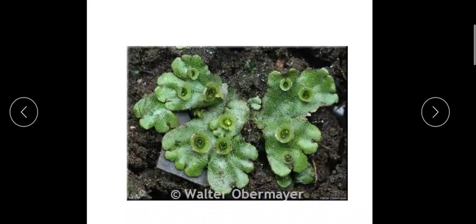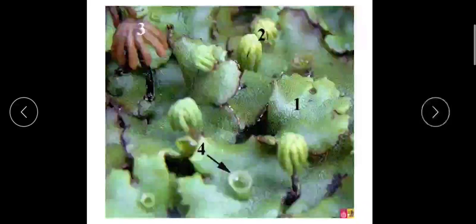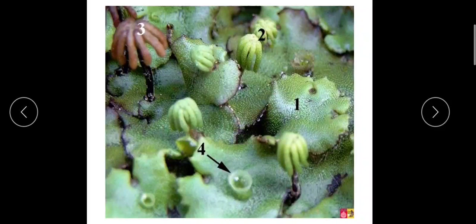This is also a gametophyte of Marchantia. There is a midrib which goes through the central part, and in this midrib region we can feel a groove in the central portion. And here you can see some dot-like regions.